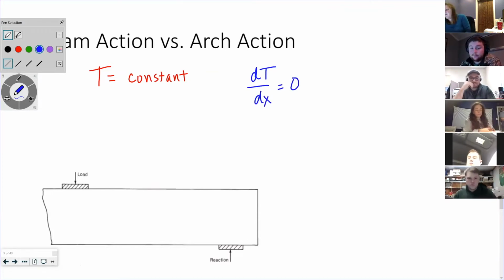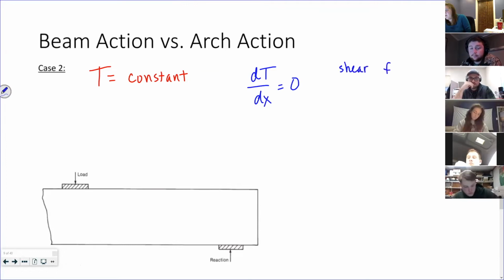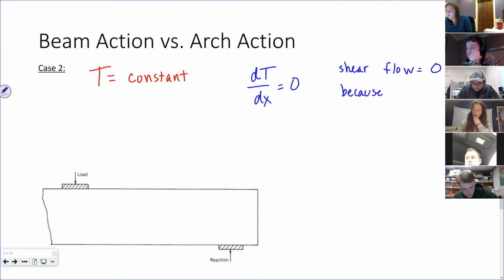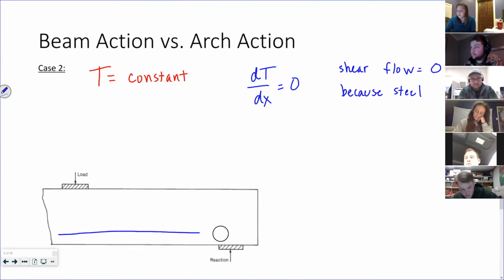That means I have no shear flow. Because my steel, this basically means your bottom steel down here is carrying the entire tensile load. It's a single force.